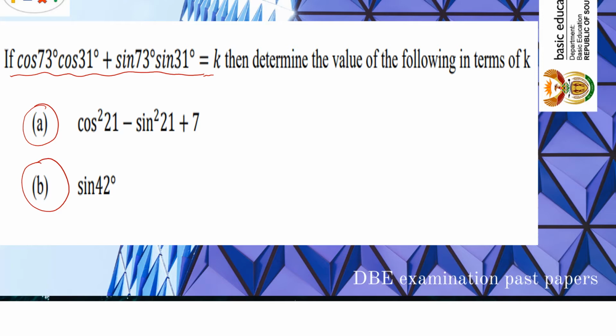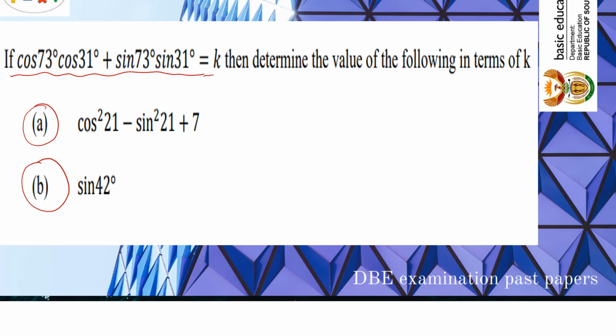This is a trigonometric expression, and we are trying to express trigonometric ratios in terms of certain unknowns. So what you do on this question, you use your given information in order to answer these questions below, right? So let us see.